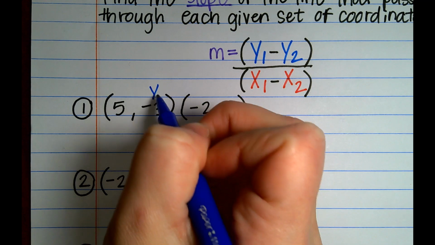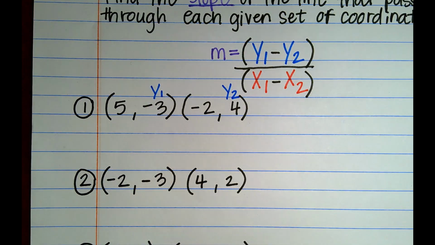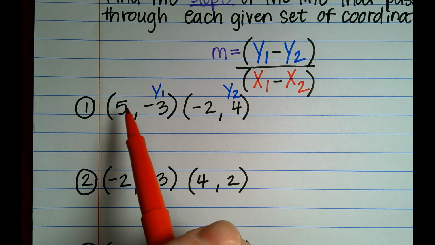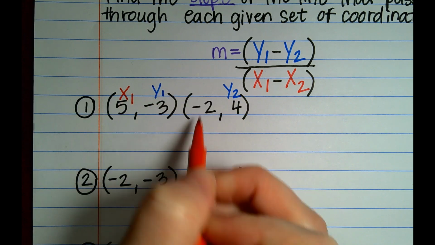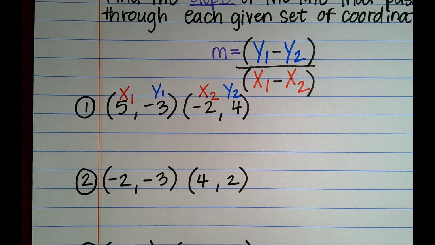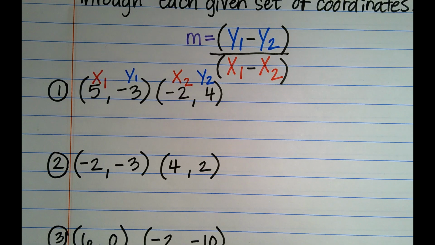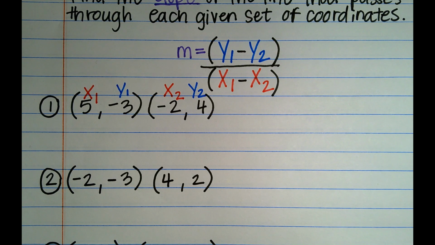Here's my y1. Here's my y2. And that would mean that 5, how would we label that? X1, and -2 is x2. Okay, so now that we have all of our numbers labeled, we're going to use the formula.